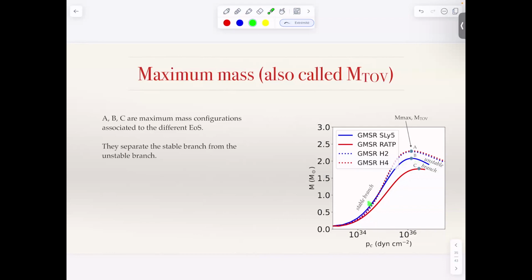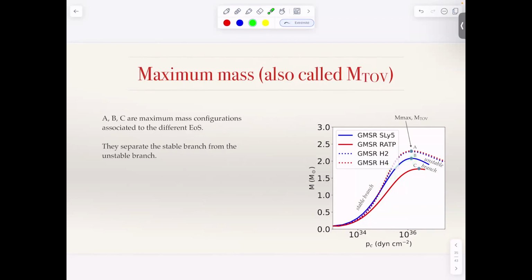Because, for instance, if you select only four points in the stable branch and you ask what is the maximum mass, you will obtain this mass, and the mass here is different from the mass here.